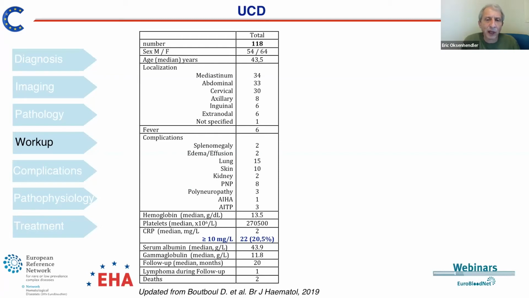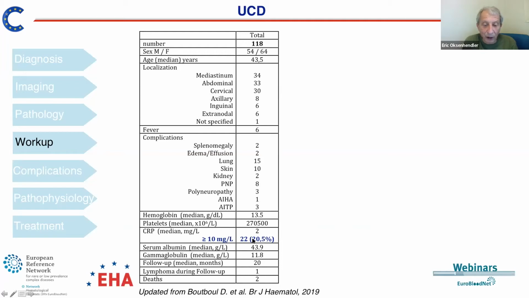You can see that we have equally male and female patients, that the median age at diagnosis is around 40 years, that you have 3 major sites for this disease, the mediastinum, abdomen, and cervix, but also peripheral lesions are possible, that usually we have no associated symptoms, but still, in a few cases, you can have inflammation, fever, splenomegaly, or here the skin and lung lesions mainly associated with PNP.